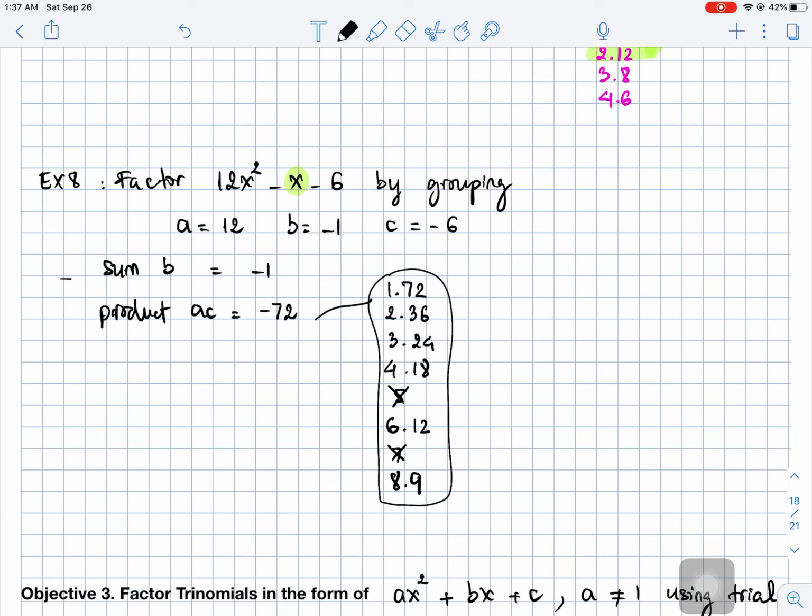And then 9 times 8, so we go back. That's all we have for 72.